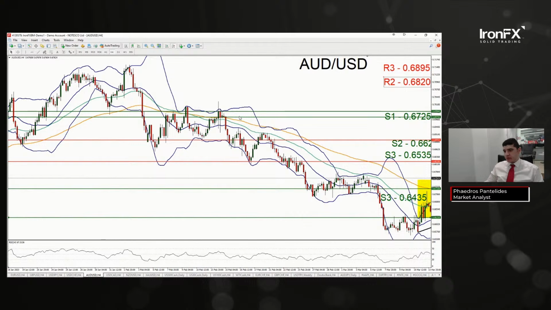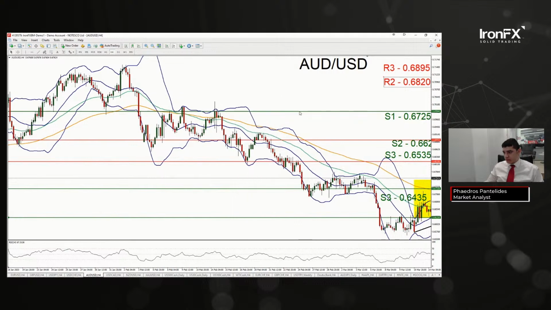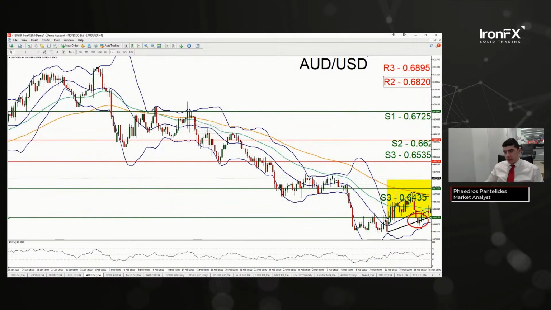Actually, perhaps the old high might be better. It's all a matter of perspective. One could argue that this level here is closer to R2.